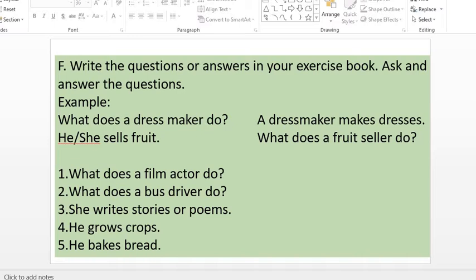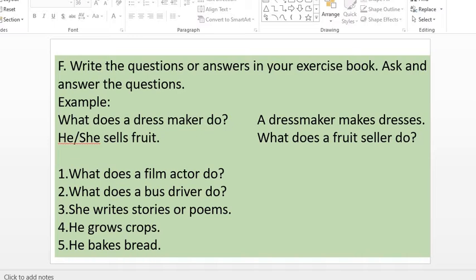Yes, I told you in our previous class that when we add ER or OR to a verb, we can make a noun. We can make the name of an occupation related to the verb. We also mentioned the verb sing, and if we add ER with the verb sing, it turns into a noun, singer.